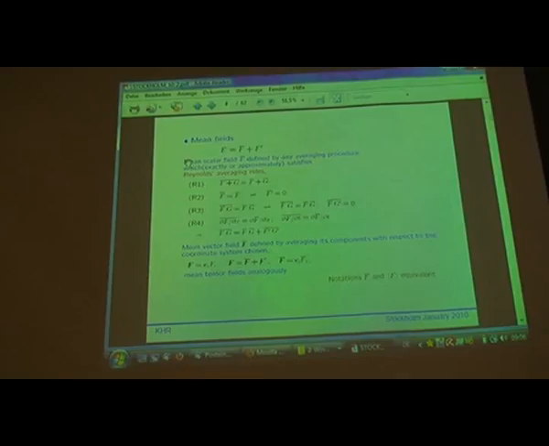We split any field, consider first a scalar field f, into a mean and a fluctuating part. And the mean part is defined by some averaging procedure.